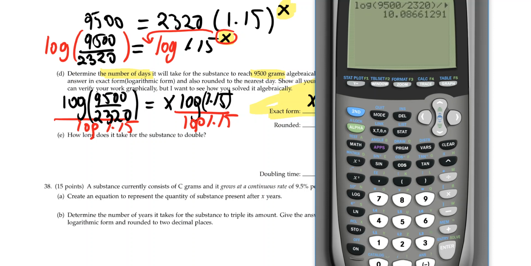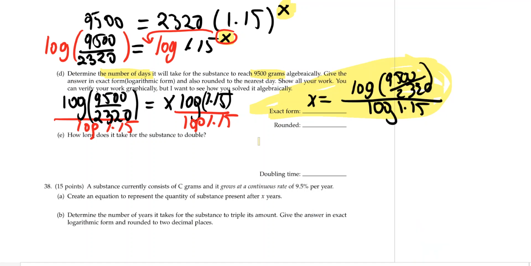This is just a number. It's 10.09 days. So it takes that many days for the substance to reach 9500.